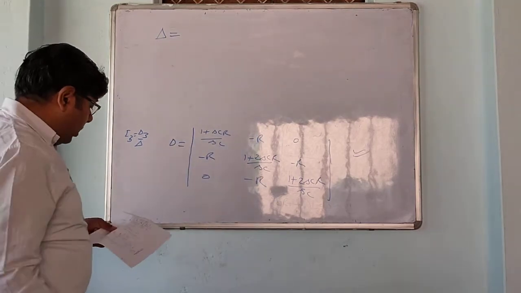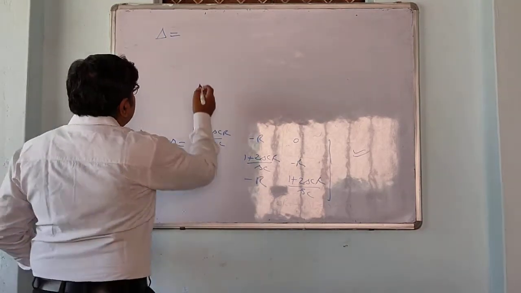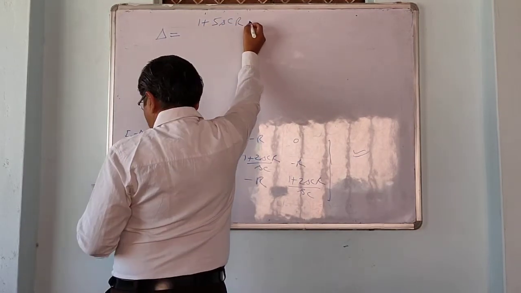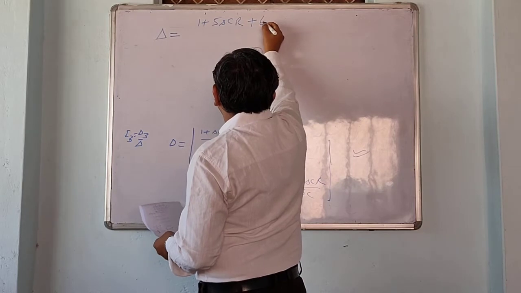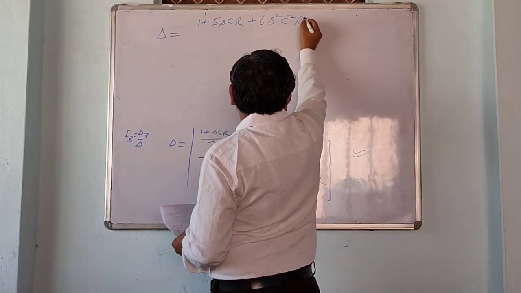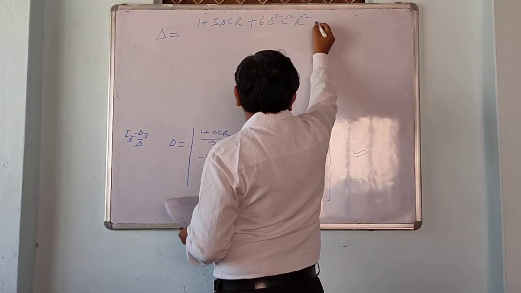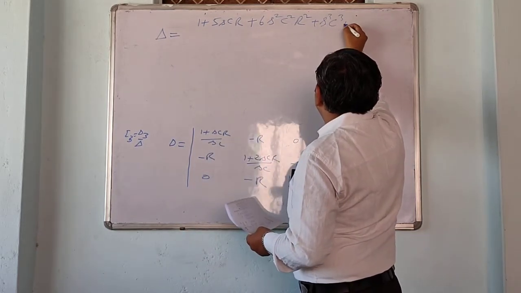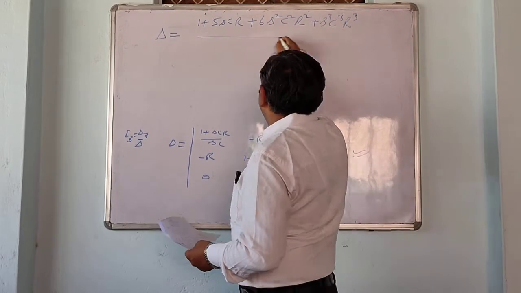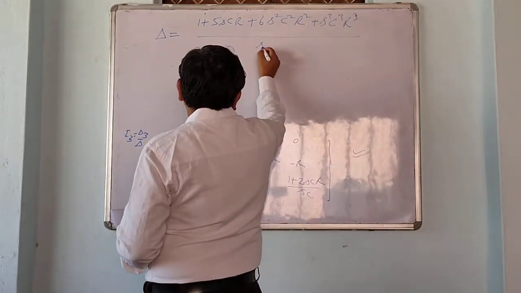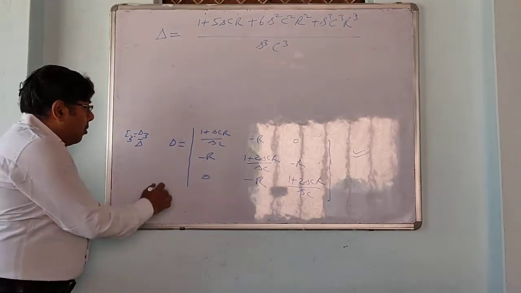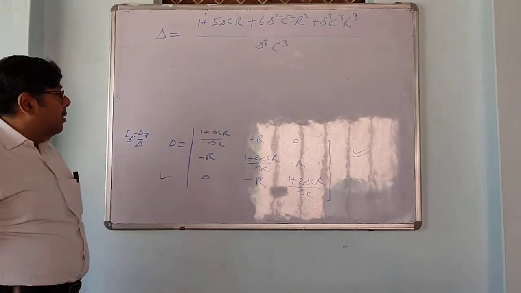From solving this, it is 1 plus 5 SCR plus 6 S square C square R square plus S cube C cube R cube, whole divided by S cube C. So this is the solution of this determinant.